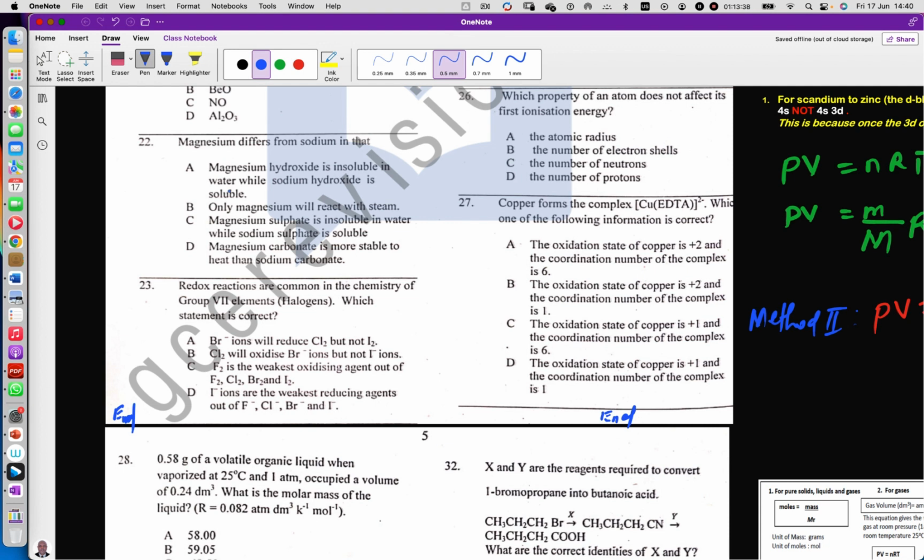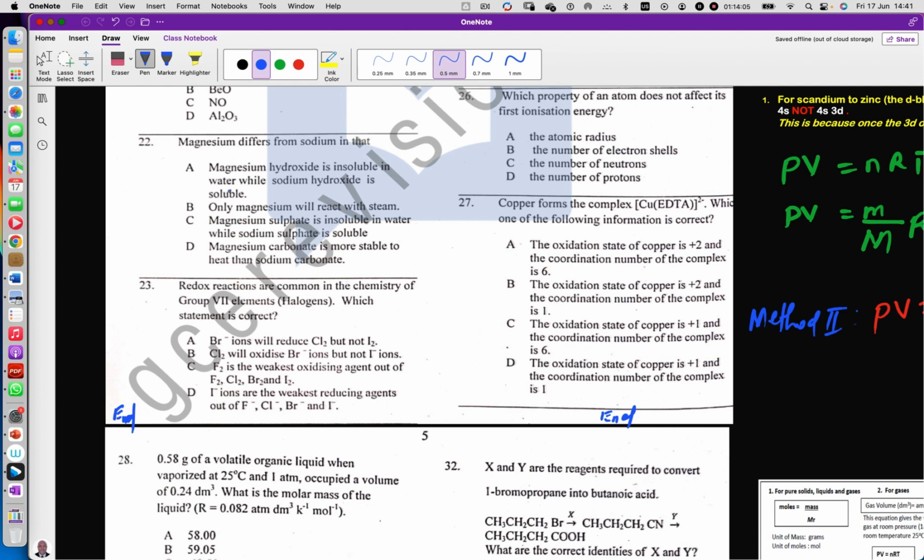B, only magnesium will react with steam. No. C, magnesium sulfate is insoluble in water. No. D, magnesium carbonate is more stable to heat than sodium carbonate. No.